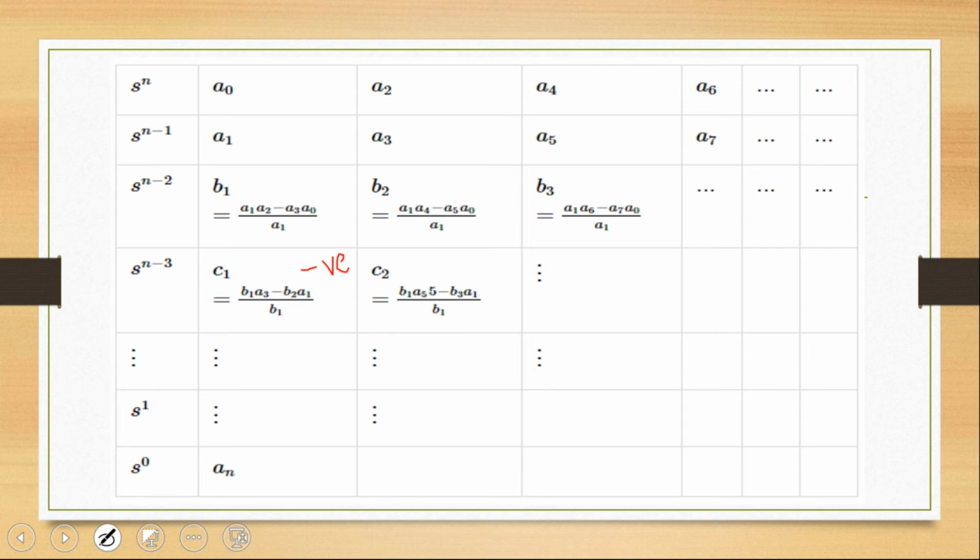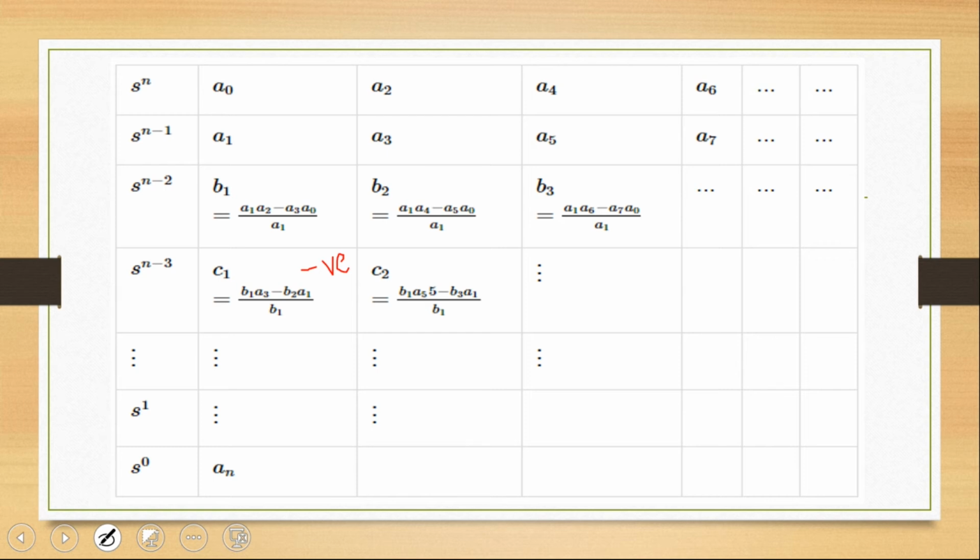Now, after constructing this roots array, if you have a negative sign somewhere in the first column, we can conclude that the system is unstable. Unstable means the roots lie in the right half of the S-plane. Even if one of the roots lies in the right half of the S-plane, the system is unstable.